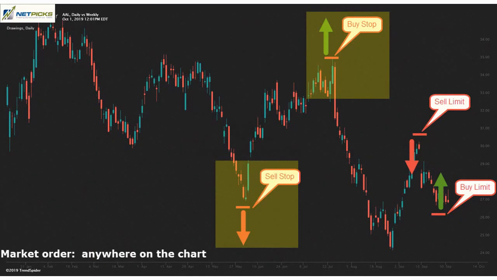Stop orders. What I like about these, they're interesting. They have a unique quality, is they're both a limit and a market. So basically these are opposite of the limit orders. So if you choose to enter a market long, setting a buy stop order has you setting an order above current price. And sell stops have the order set below current price.